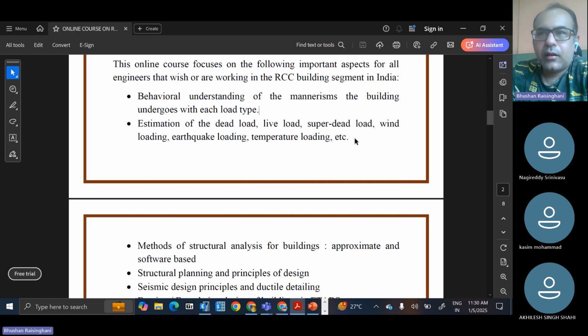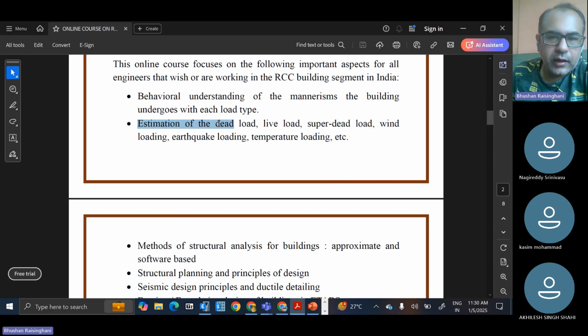Like a release may not be possible, but you have given the release. Now you are checking the behavior. It is showing okay to you, but in reality, the building may not be okay. So you should do the behavioral checks with all parameters, with practical consideration, theoretical assumptions, and a more realistic approach should be there.